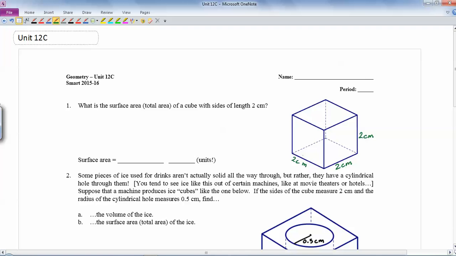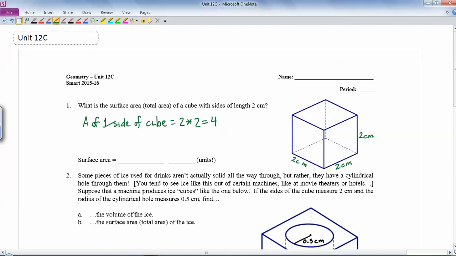Okay, so if you think about it, it's 6 squares, all 2 by 2. So if I did the area of one face of one side of the cube, it's going to be 2 times 2, so 4.